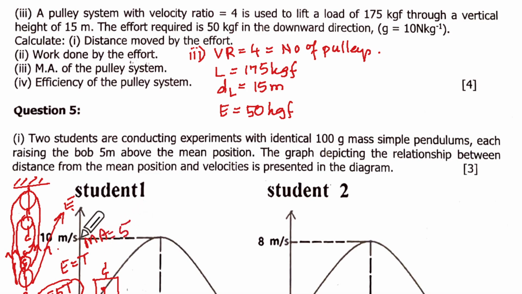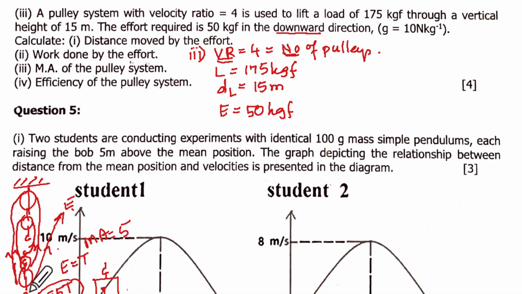So remember, if the effort is vertically downwards, effort in downward direction means velocity ratio and the number of pulleys are the same. If they say vertically upwards, then the velocity ratio is not equal to the number of pulleys.